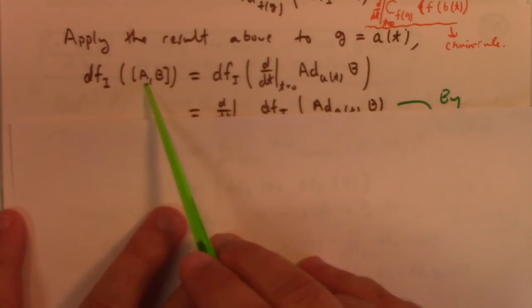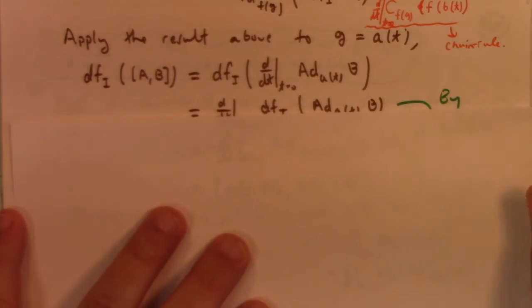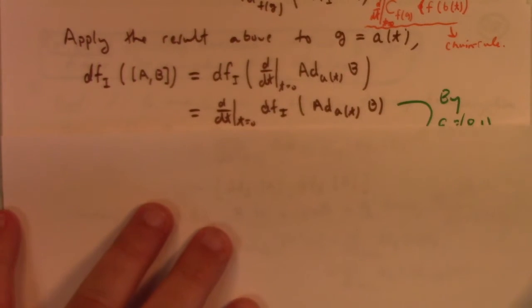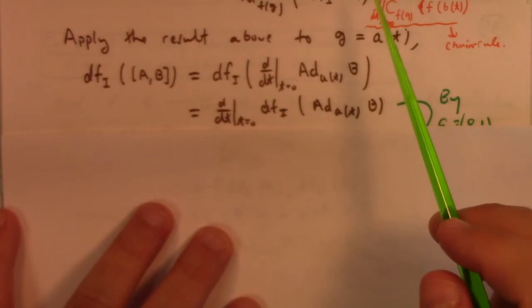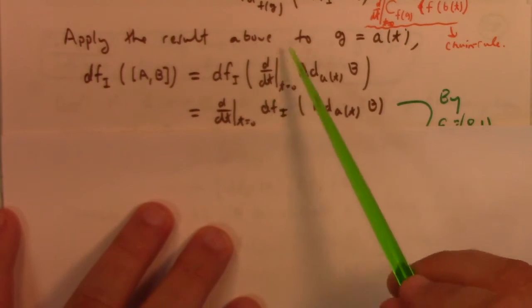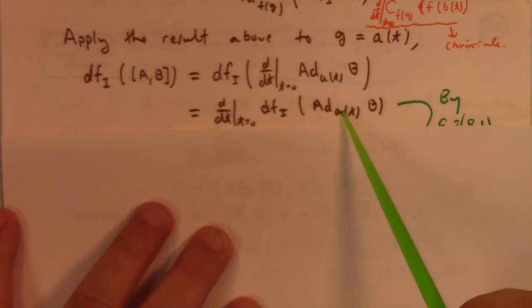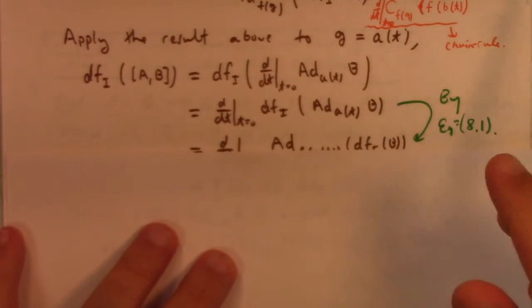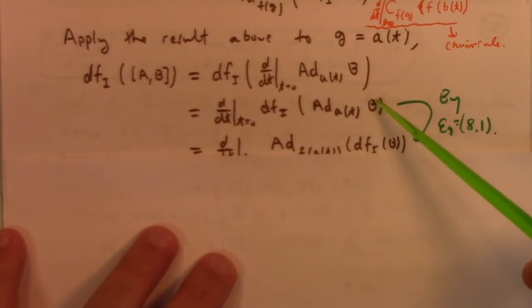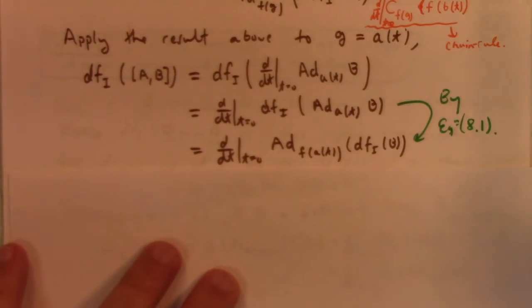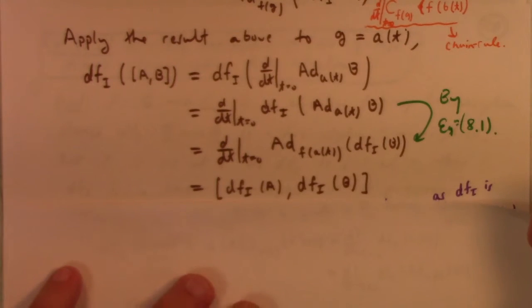Well, I mean, the commutator is defined to be that, right? But we also have that we can pull the derivative out here, and this is by equation 8.1. Now we're using 8.1. We're going to go from here to here, right?